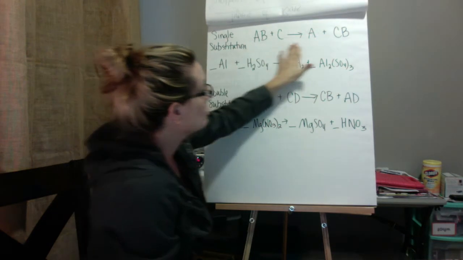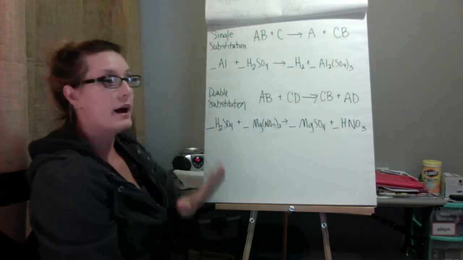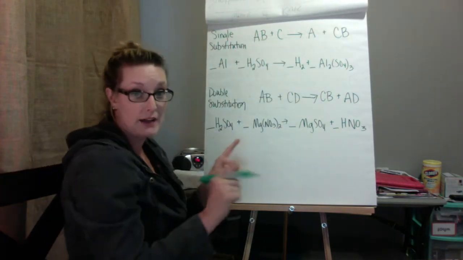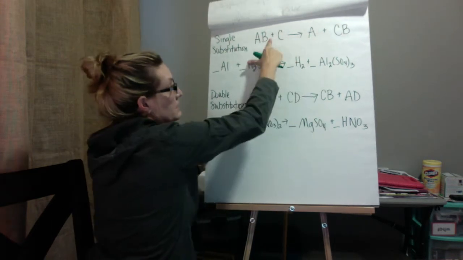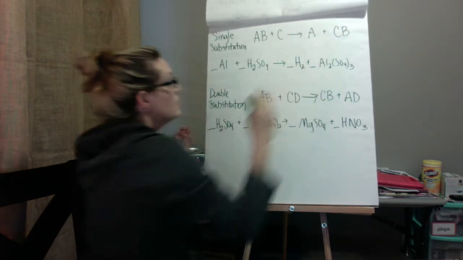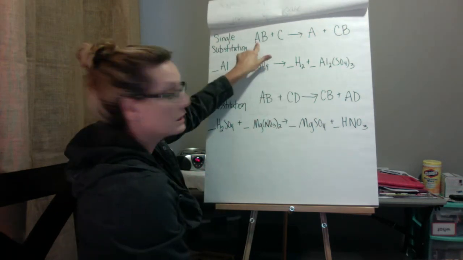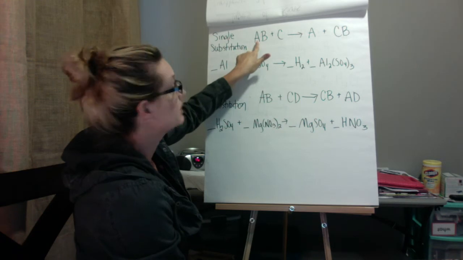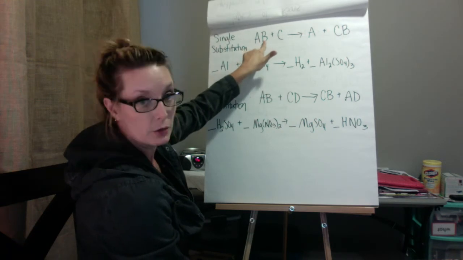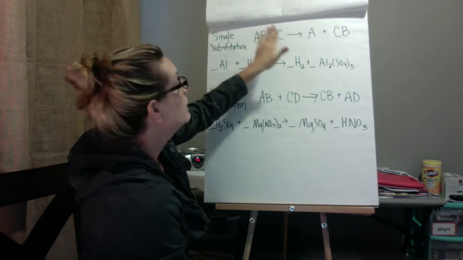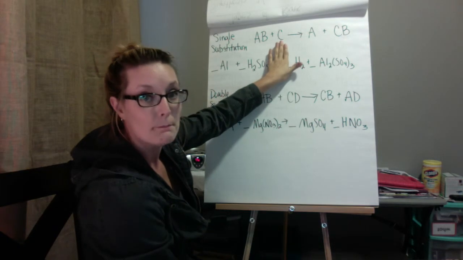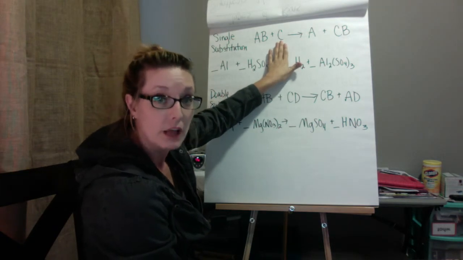This is the general formula that these guys follow. This is where you have plus signs on both sides. Notice your general formula. There's a plus sign on the left, plus sign on the right. What's happening in a single replacement is that this is always going to be a metal, right? Metals always come first. You're going to have a metal and a non-metal compound, an ionic compound, and then you're going to have a single metal by itself, alone, right?